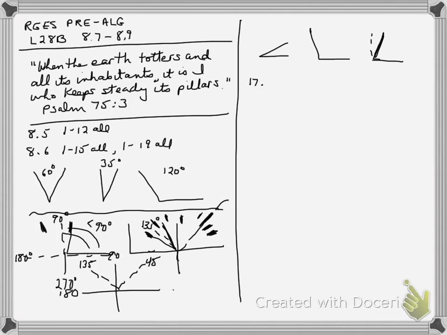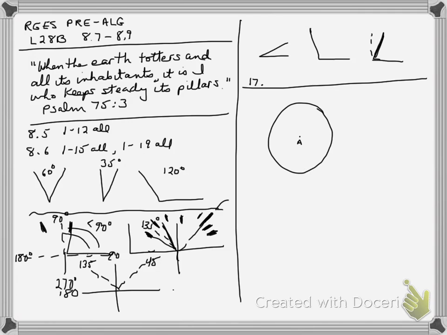And that's it. And then we're going to start now with our new ideas, 8.7 through 8.9. This is a fairly brief section, so that'll be nice for you. Okay, we're talking about circles and terminology related to a circle.